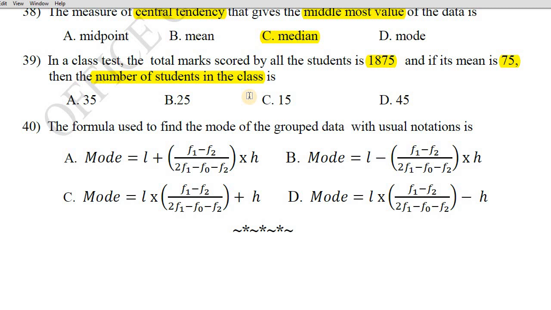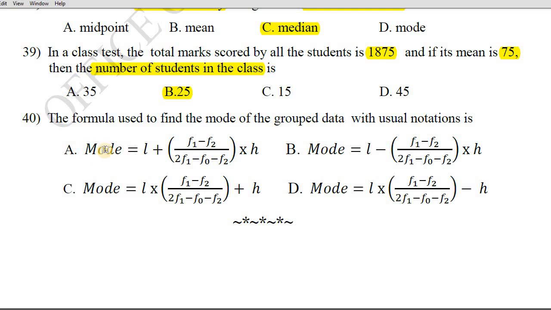Here sigma x is given as 1875 and the mean value is given as 75. We need to find the number of students, meaning the n value. So n equals sigma x divided by x bar. It means 1875 divided by 75. So it gives the answer 25. So option B is correct.